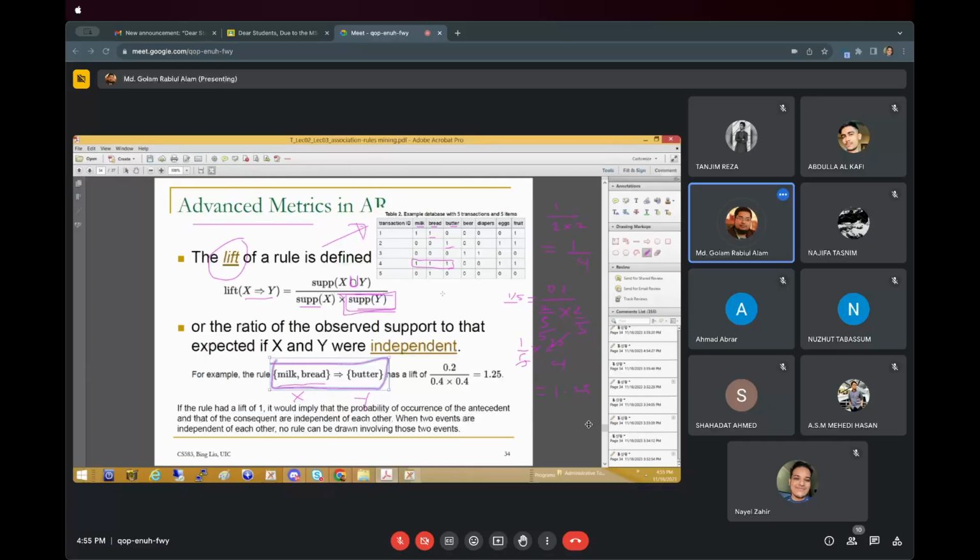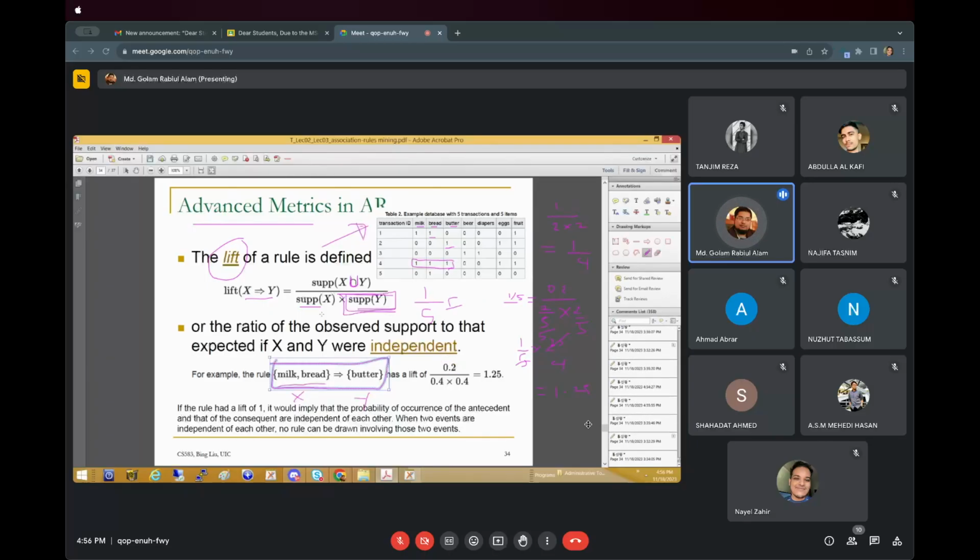So the support in this case is out of 5, just 1 by 5. Support is 1 by 5, that is 0.2. So here is 0.2.